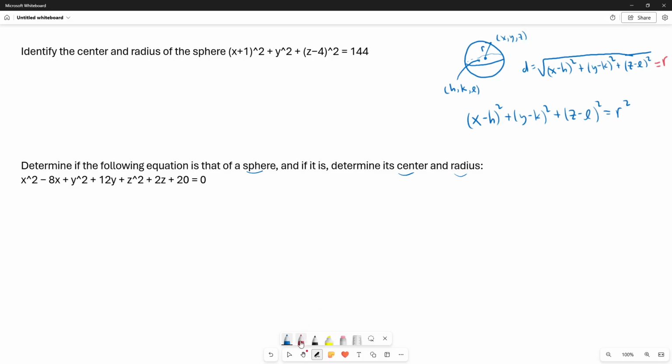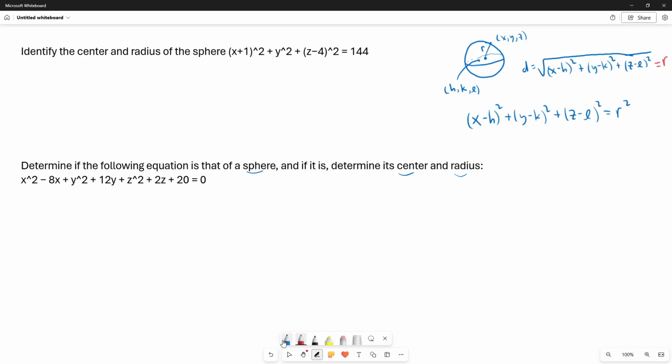And again, if we were just to ignore this third term, then (x − h)² + (y − k)² = r² is the equation of a circle with center (h, k) and radius r in the xy plane. So by adding the third component here, we are getting the equation of a sphere in three-dimensional space.